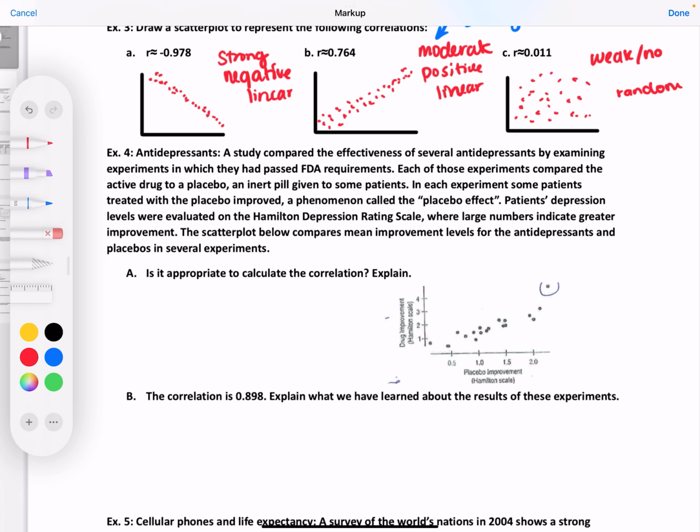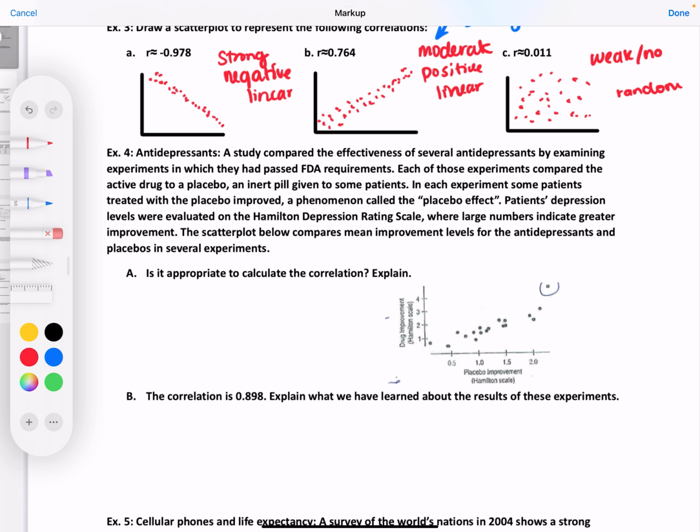There were 2 or 3 things we wrote down that had to be true. Whether it's weak or strong is not one of the ones to say if we can do it or not. What do the variables have to be? What kind? Categorical or quantitative? Quantitative.